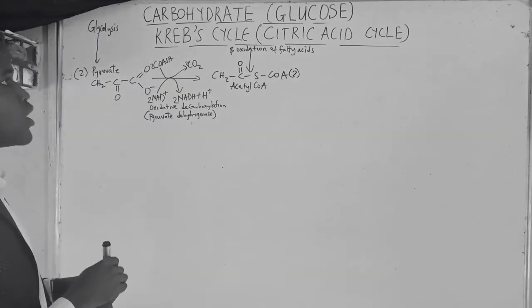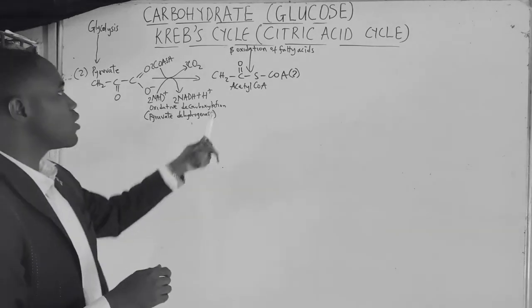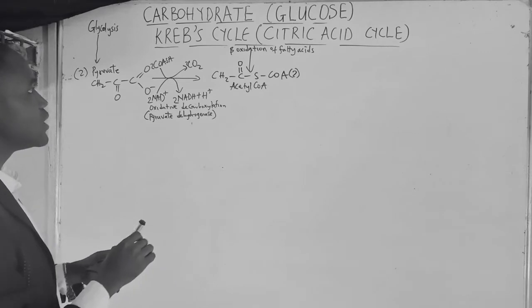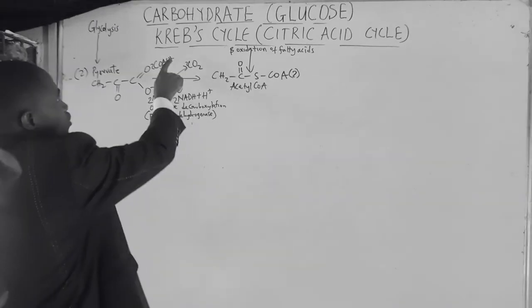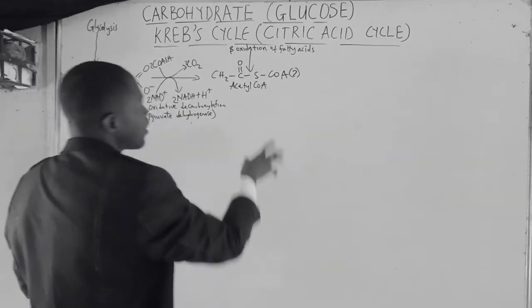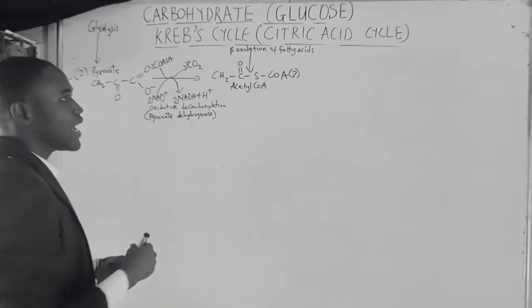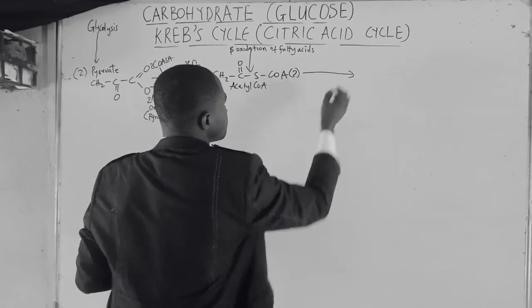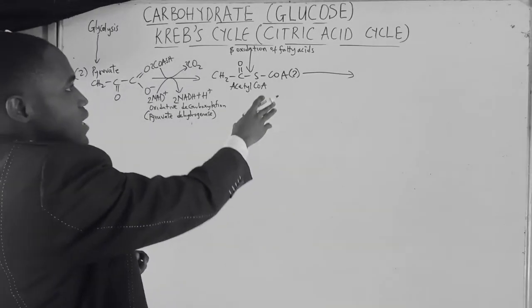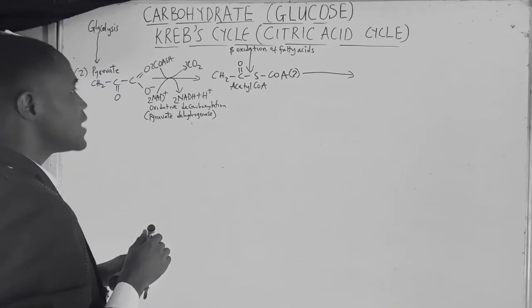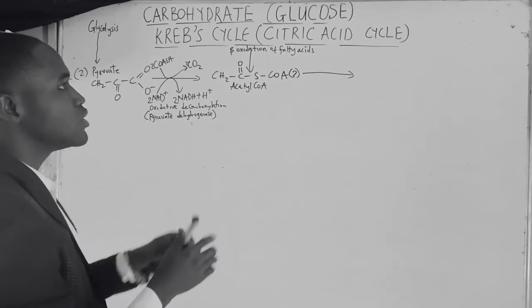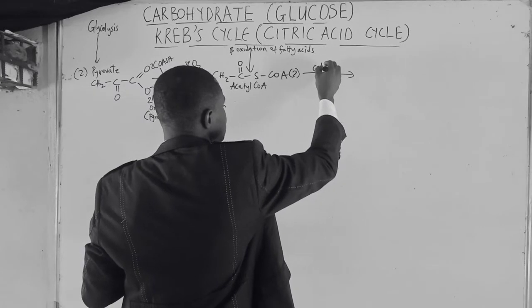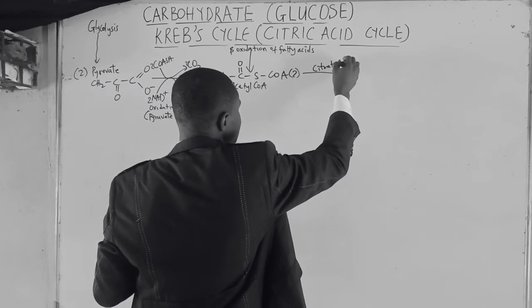Now, from this acetyl-CoA, it will enter the tricarboxylic acid cycle or Krebs cycle or citric acid cycle. From here, it will enter this cycle we talk about. A reaction will take place here, and the enzyme involved is called citrate synthase.